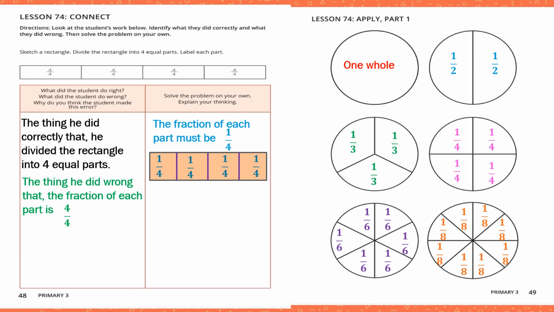Which is bigger, the half or the third? Half is bigger. When I divide one pizza between 2 kids, each kid will take half, and this half is bigger than a third. So we should notice that the half is larger than the third.